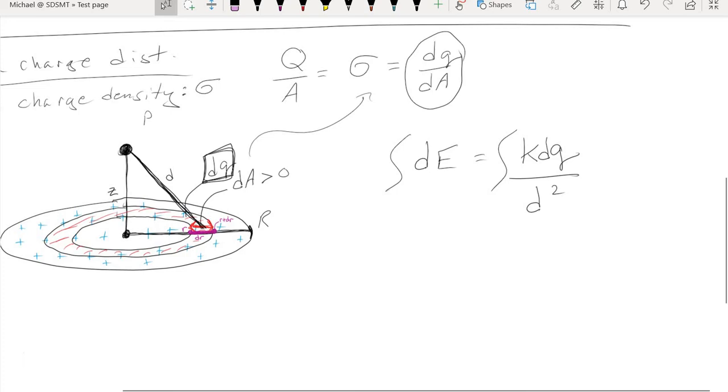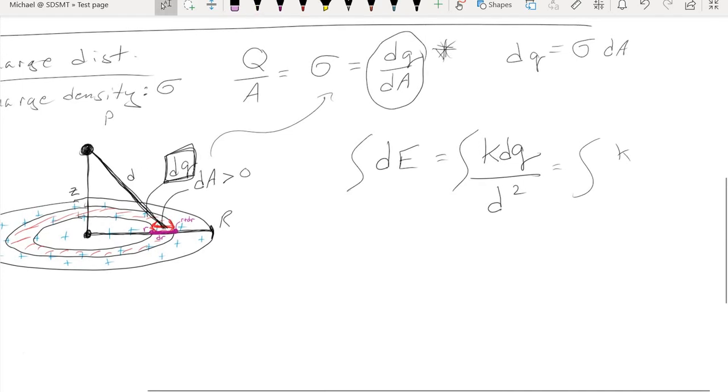I need something in the expression that describes how the charge is distributed through the system, and that is right here. That's our sigma value. So the infinitesimal charge will be based off of the surface charge density sigma times the infinitesimal surface area. So we have K, we have sigma, we have dA, and d squared.